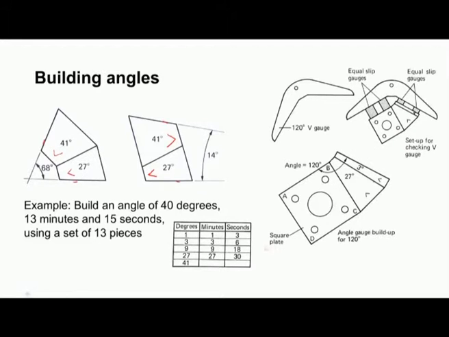Now, let us take a simple numerical example. Build an angle of 40 degrees 13 minutes and 15 seconds using a set of 13 pieces. These are the angle gauges provided. So, we have to build 40 degrees. I can see here we have to take this 41 degree gauge block and then 1 degree gauge block, and then we have to arrange like this.